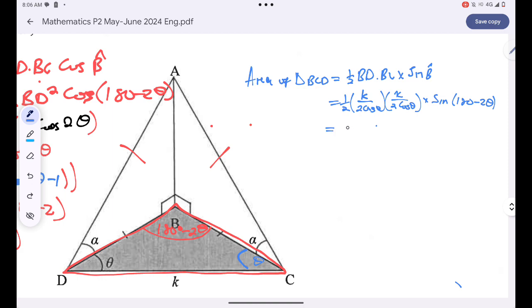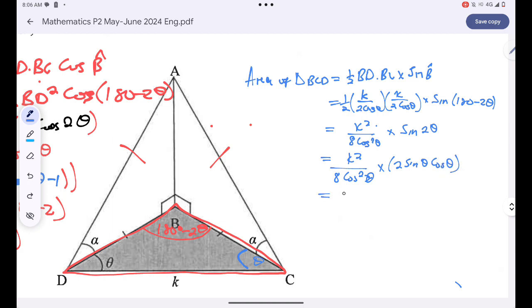And then this will give me K squared all over 2 multiplied by 2 times 2, that's 8 cos squared theta, because I have 3 2's multiplying, multiplied by sine 2 theta. I still have K squared all over 8 cos squared theta multiplied by 2 sine theta cos theta.